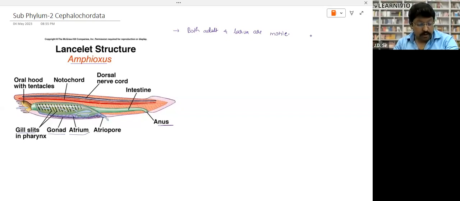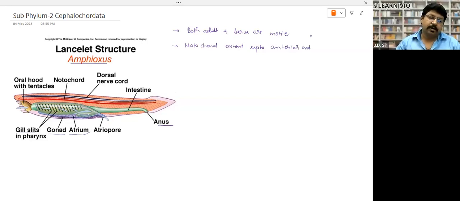The notochord extends up to the anterior end. From the starting to the anterior end, it runs across the body.